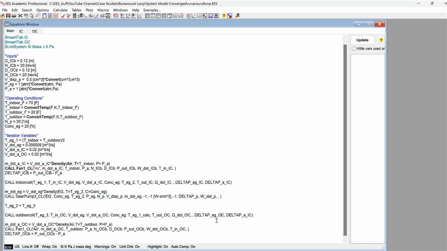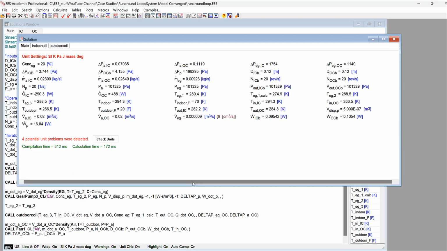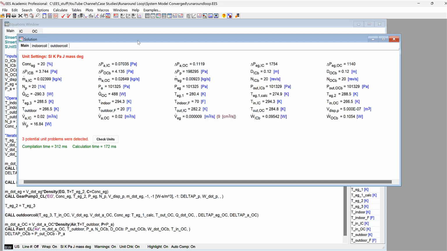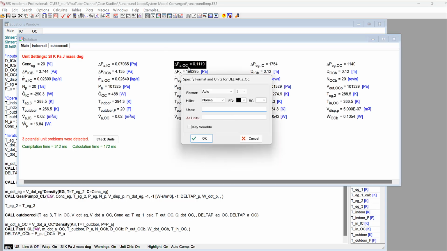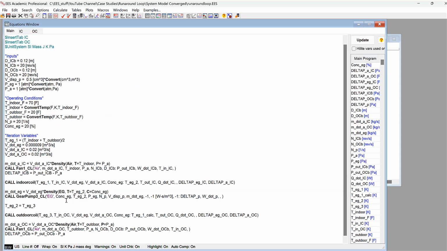So this would be outdoor air coil and outdoor air coil. And hopefully it still solves okay, and it does. I probably have some unit problems because these need to be in pascals and pascals and pascals and finally pascals. So no unit problems. Okay, so let's do these one at a time.